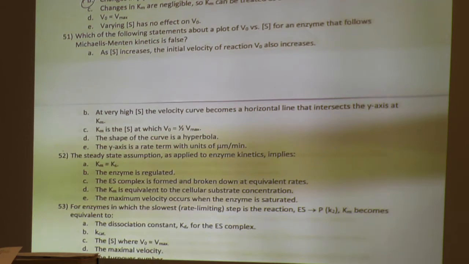D? So I heard some D's. That's not correct. Well, it is correct about the type of plots, but it's not correct for this problem because it's asking what is false. So it's going to be B. At very high substrate concentrations, the velocity curve becomes a horizontal line that intersects the y-axis at Km.